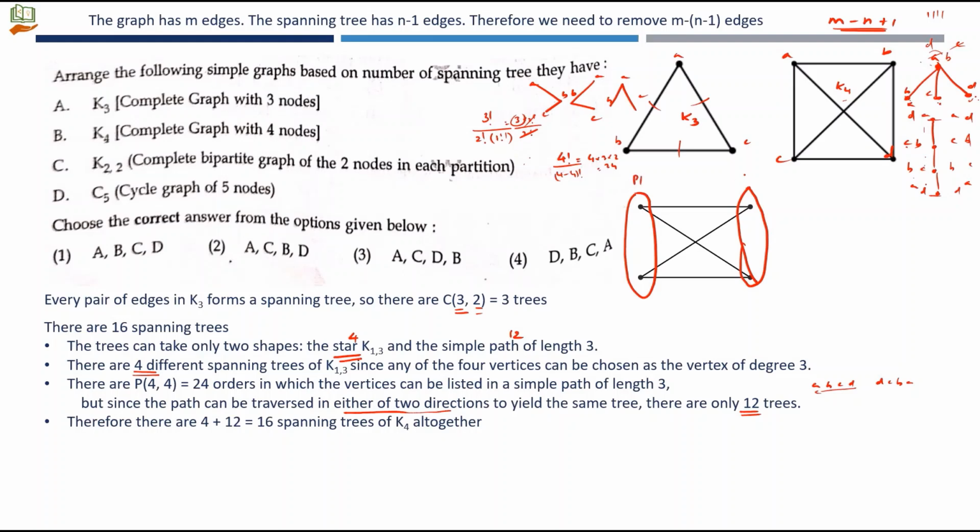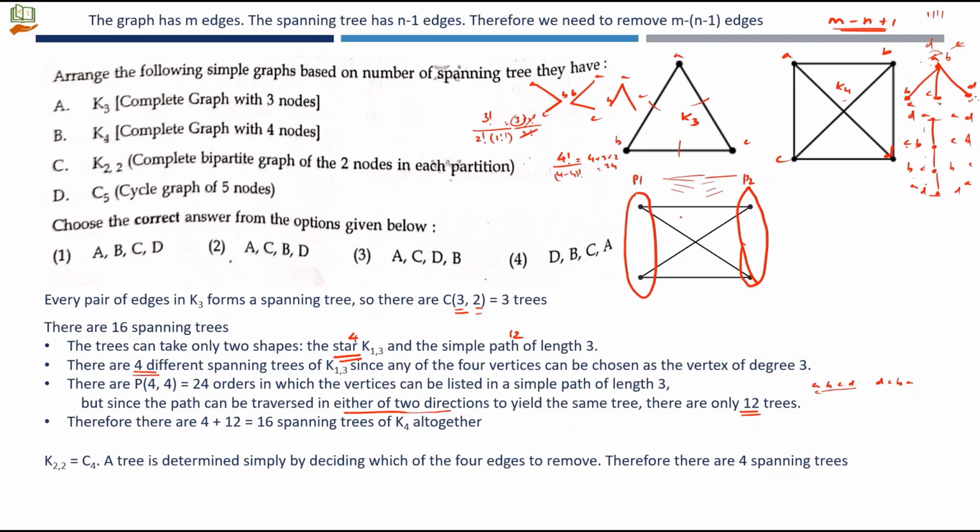So this is P1 and this is P2. P1 can be connected to any number of nodes in P2 and P2 can be connected to any number of nodes in P1. But P1 should not connect any two nodes within itself and P2 should not connect any nodes within itself. K2,2 is similar to a cycle with 4 vertices.